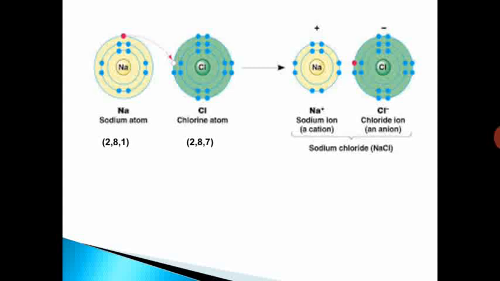So it can give that electron to another element and form a chemical bond with that element. Chlorine has 7 electrons in its outermost shell. So instead of giving 7 electrons, it will prefer to take 1 electron to complete its octet and to form a chemical bond with another element.